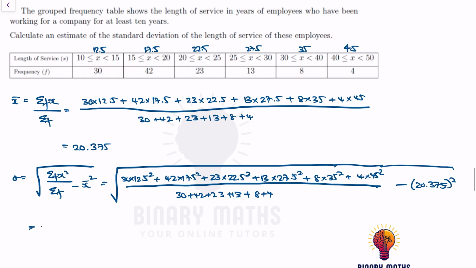We end up getting 7.696387, which is 7.70 to 2 decimal places.